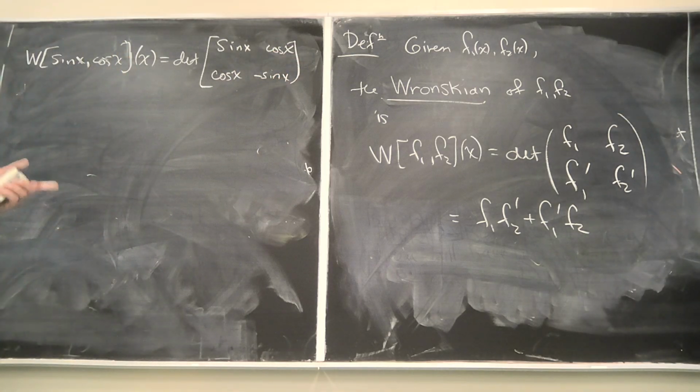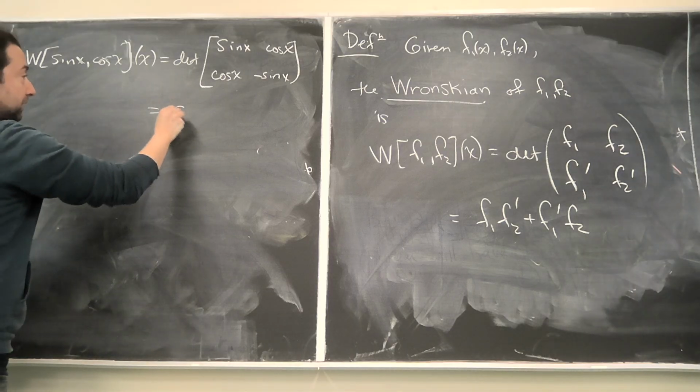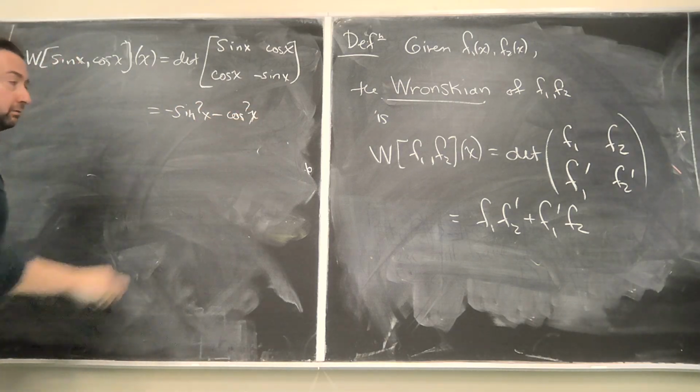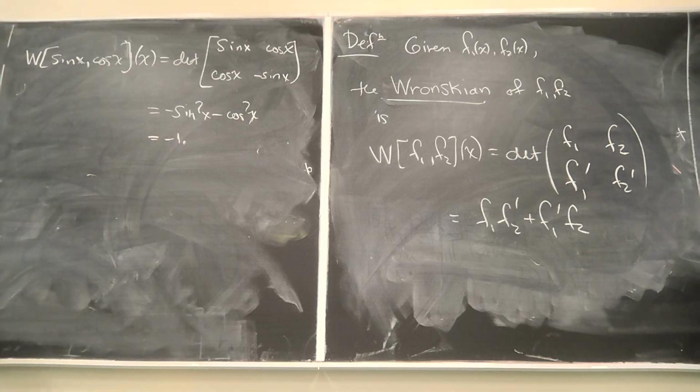And now I calculate a determinant. Minus sine squared of x minus cosine squared of x, which is -1.